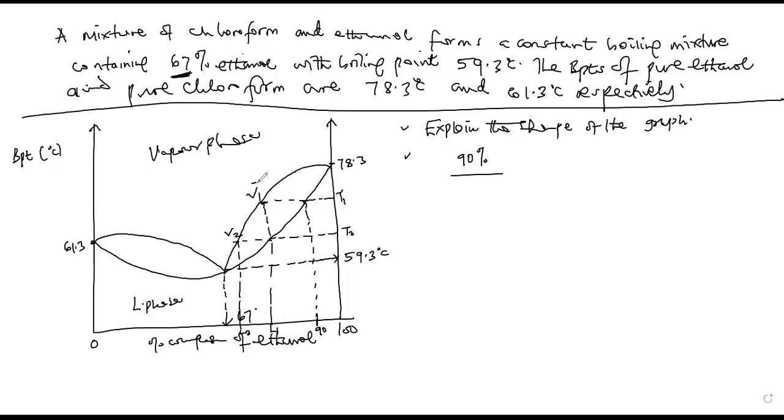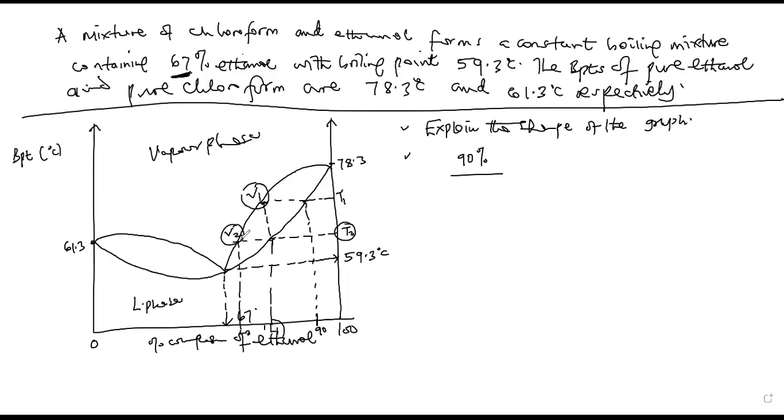Now, when this vapor is condensed, it is going to form a liquid L1, but of the same composition as the vapor V1, but still will contain a lower percentage of ethanol. Now, when this liquid L1 is heated, it will boil at a temperature T2, producing vapor V2, still containing a lower percentage of ethanol.